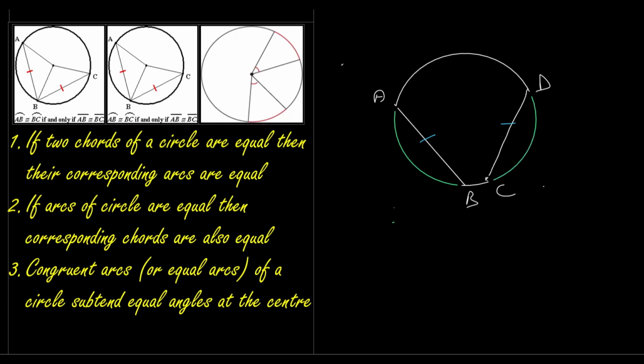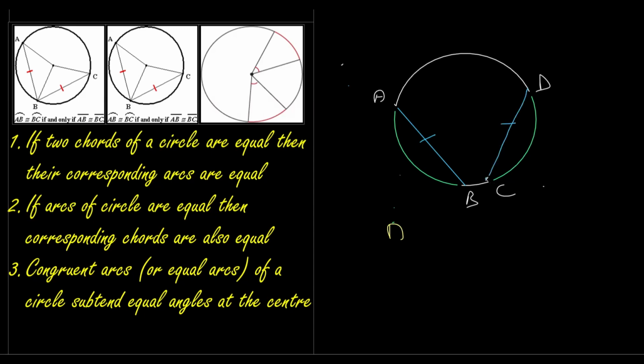These two arcs will be equal, and this is true only when these chords are equal. So if the length of chord AB is equal to the length of the other chord CD, then the arcs are also equal.